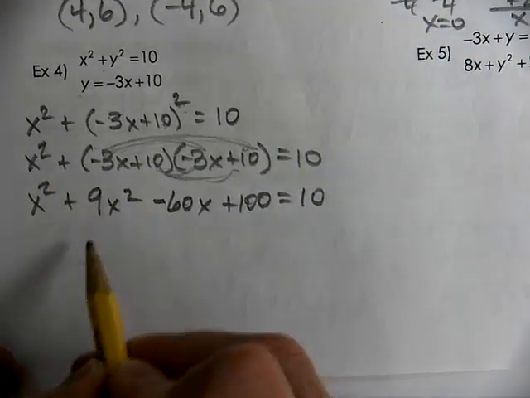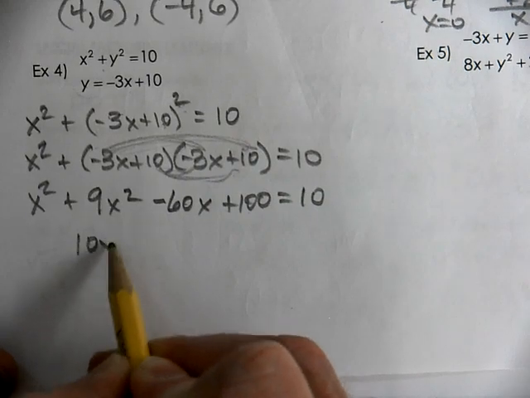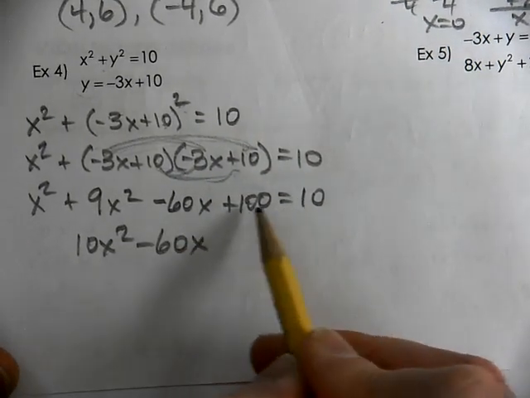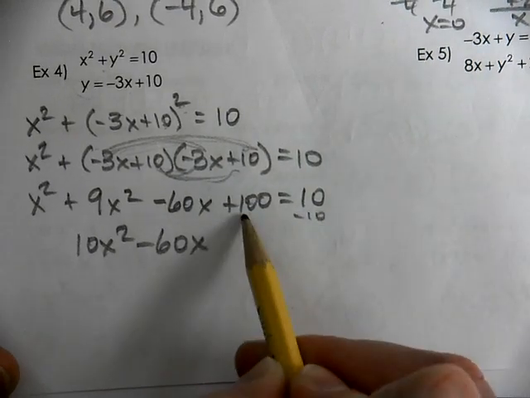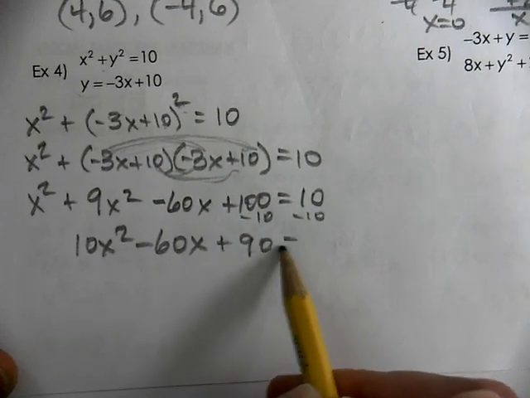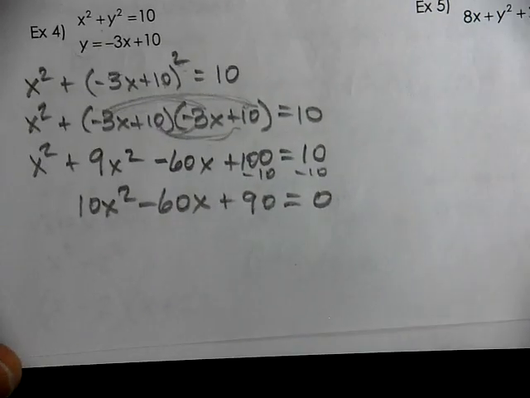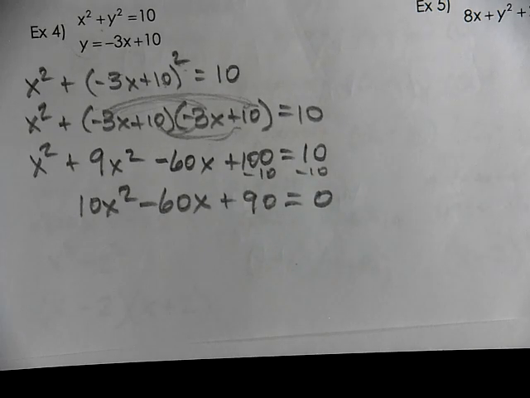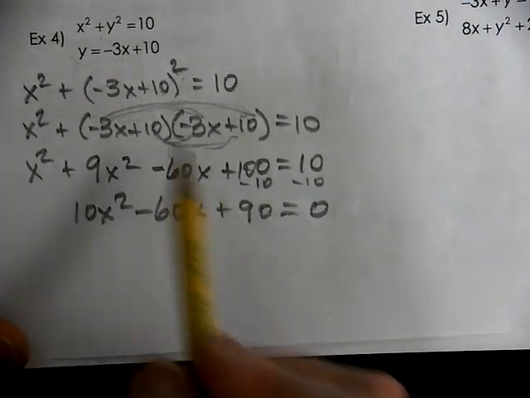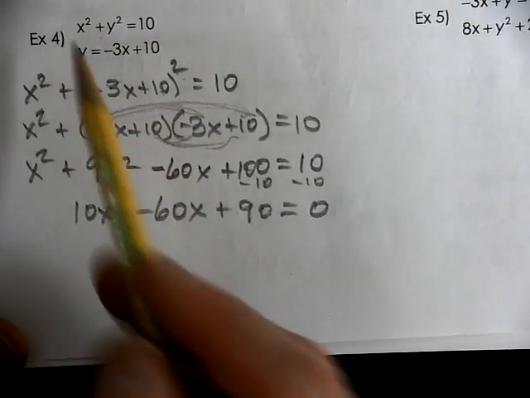So collect your like terms. Subtract your 10 across. So you have your quadratic that equals 0. This is the quadratic that combined these two equations together.